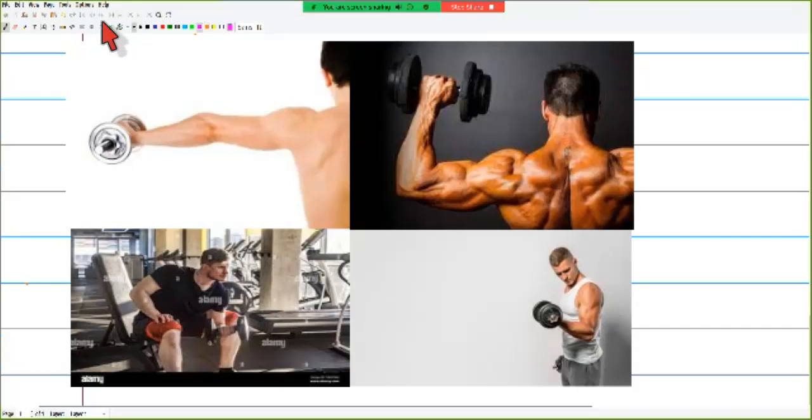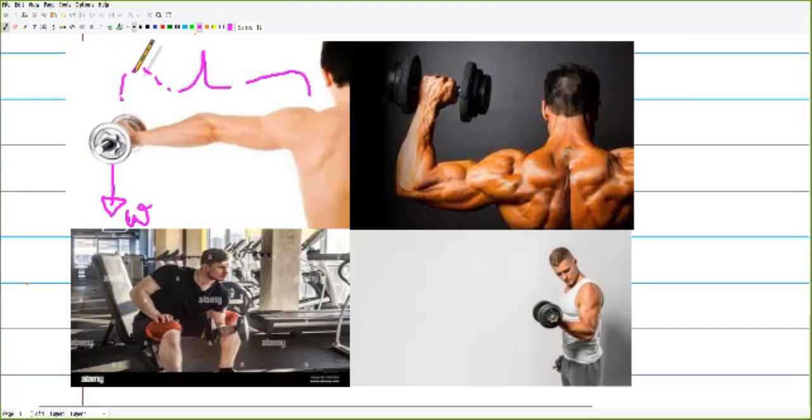So this one, what I would like to show is that we have a weight over here. Let's say that all these weights have the same weight. Okay, so we have a weight down here, W. Right, but now we have this arm length. That's called R.